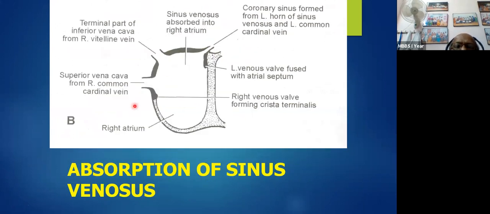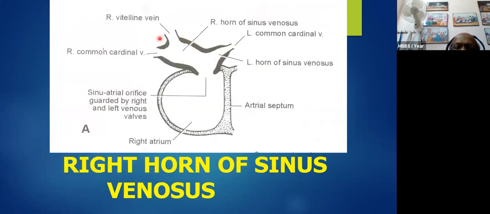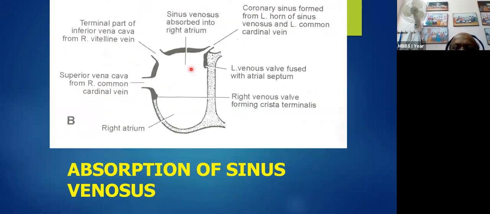See that? So this is the posterior smooth part. That posterior smooth part is formed by the absorption of this, that is your right horn of the sinus venosus. So now you see it is getting absorbed. Now we have the superior vena cava derived from the right common cardinal vein, and the inferior vena cava derived from the right vitelline vein. Next, your coronary sinus, derived from the left horn of the sinus venosus, is also opening into it.